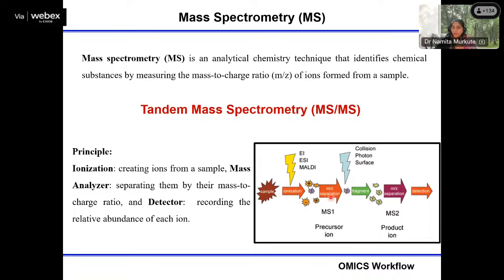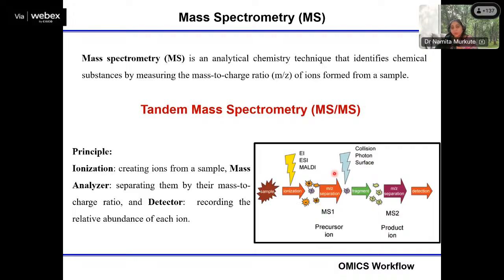When it is only MS, then after entering this, it directly goes to the detector and detects the precursor or parent ions only. But nowadays there are more sensitive mass specs, called tandem mass spectrometry, or MSMS.